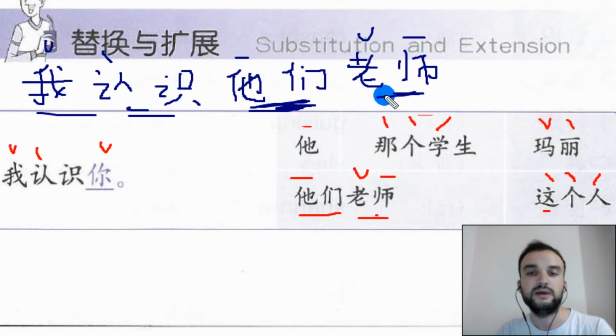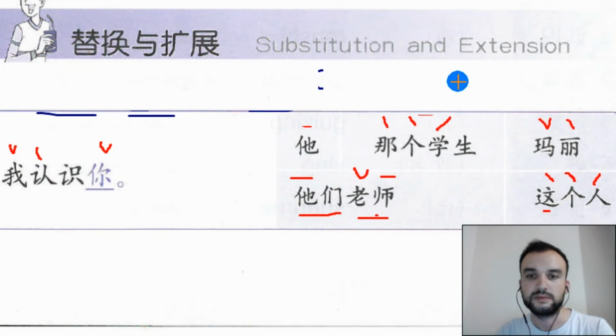I know their teacher. 他们老师 means their teacher. 他们 means they. 他们老师 means their teacher. I know their teacher.